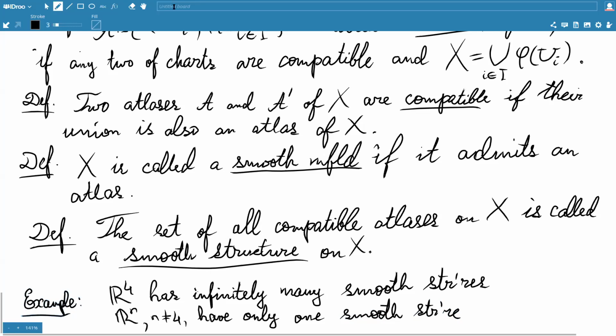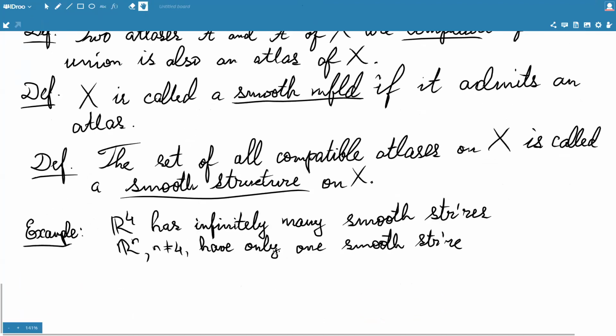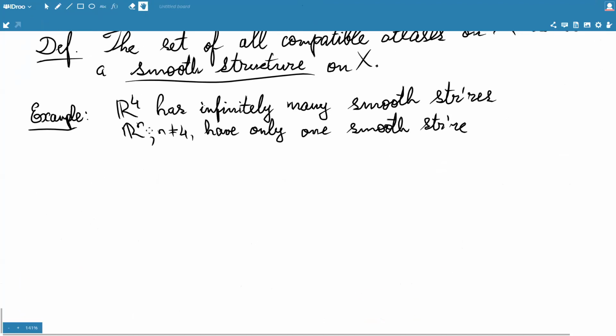Okay, let us say what we mean by a smooth map between two smooth manifolds.